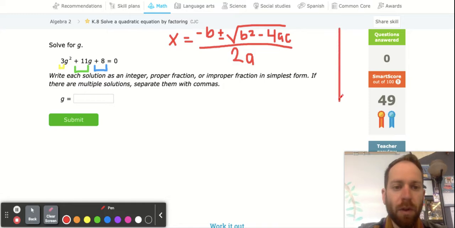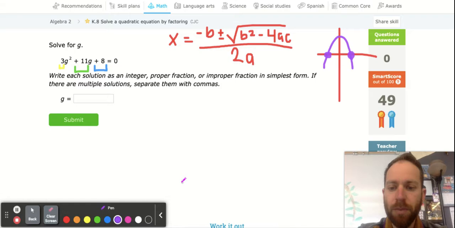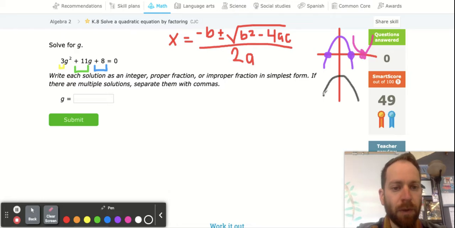Remember, generally speaking, when you have a parabola, it might have two roots because it goes up and down. So its roots or solutions would be the points where it crosses the x-axis. Now this isn't always true, because sometimes it might have just one solution if it only hits the x-axis at one point, or it could have zero solutions if it doesn't hit the x-axis at all, like this one down here.